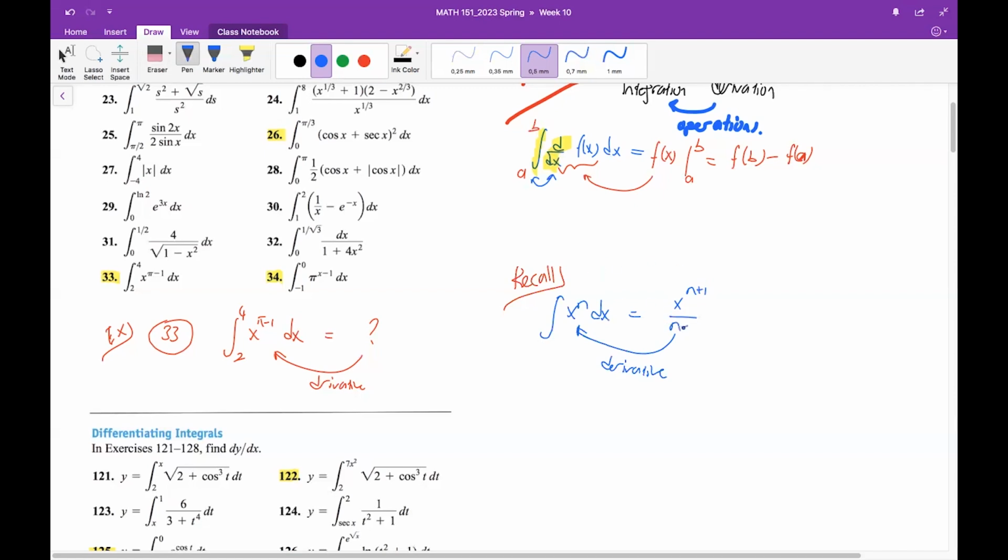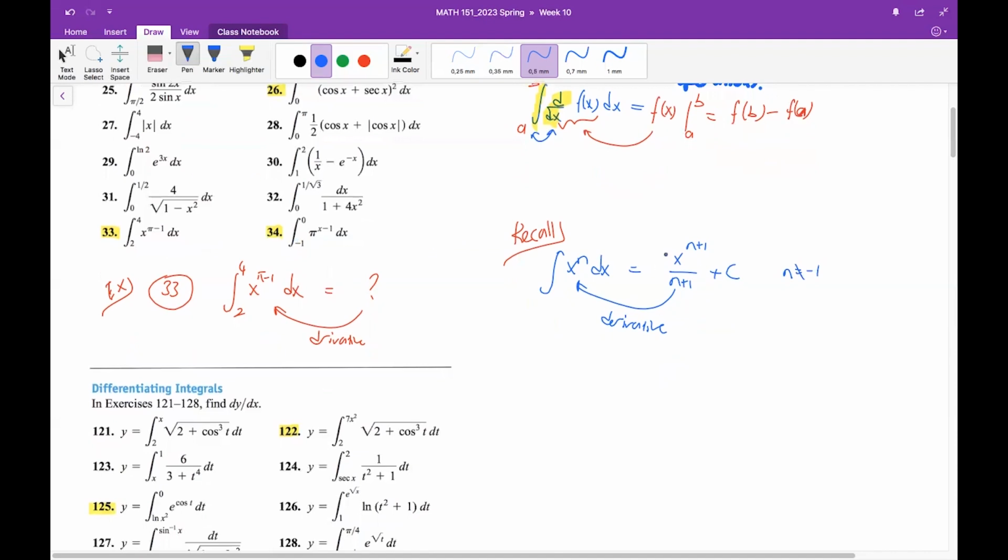And to get rid of the extra coefficient, you need to divide by n plus 1. Since this is an indefinite integral, you need to put this arbitrary constant c here, okay? And this rule applies only for n different than minus 1, because if you choose n equals minus 1, this is not defined. For n equals minus 1, there is another famous integration rule. We will cover it soon next week.